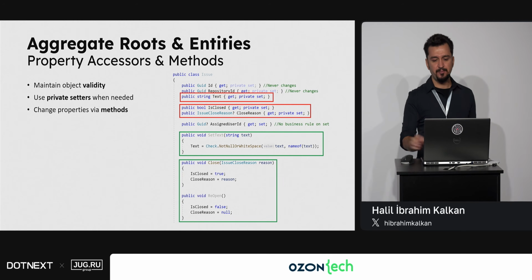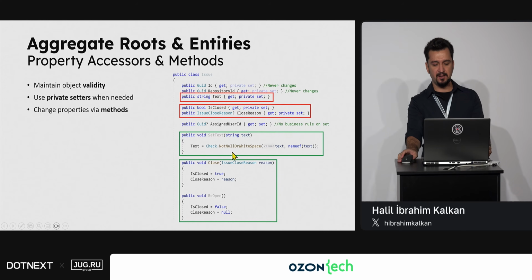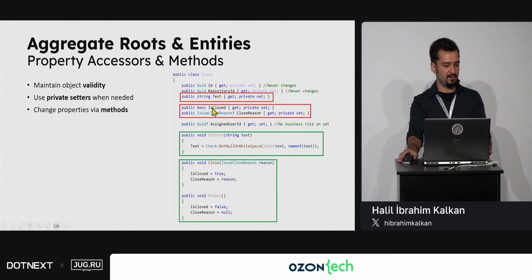In this way, we can maintain object validity. For this example, text has a private setter, and we have a setText method. And IsClosed and CloseReason are interrelated properties. Whenever I close an issue, I need to specify a close reason. If I make it all public, someone can easily set this to true without setting the close reason.